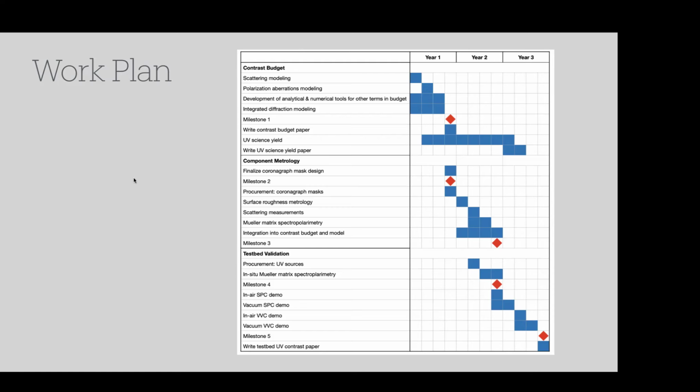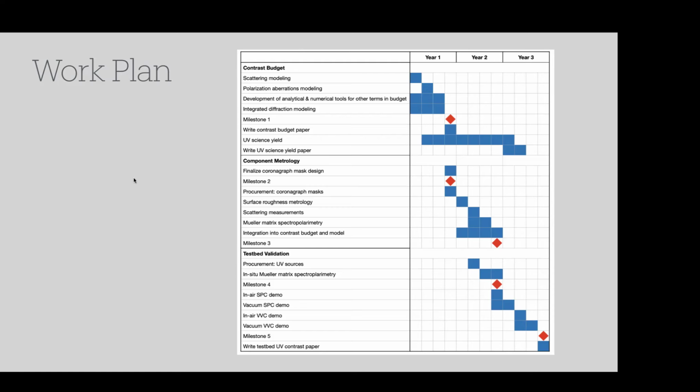The advantage is that the star shade is upstream of all of your optics, so the only thing you have to fabricate really well is your star shade, and you can have optics with a lot of surface error downstream. At least more, right? You still have scattering, but it's a lot less, because you've already rejected most of your starlight. So it might be more compelling at the UV to do a star shade.